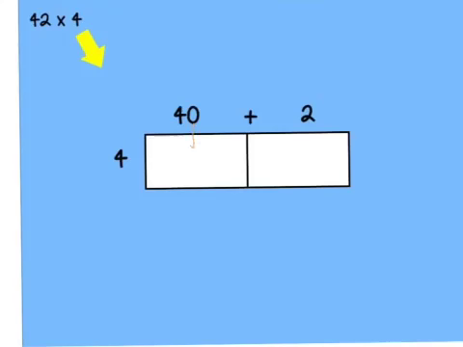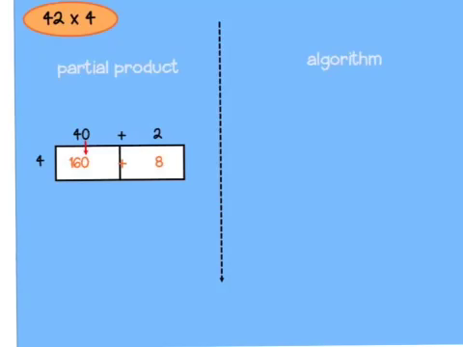I'm going to drop the 0, take 4 times 4, which gives me 16, take 4 times 2, which gives me 8, and that's 160 plus 8 using partial product.